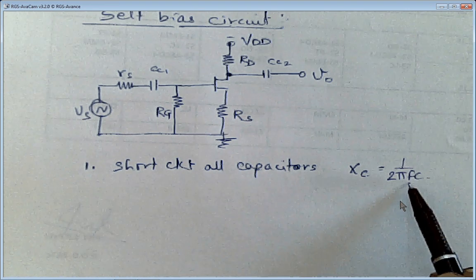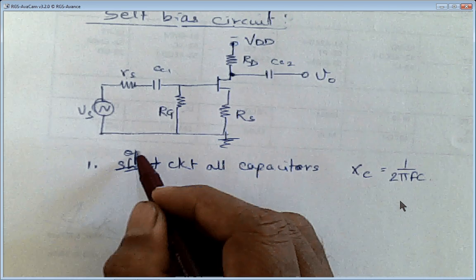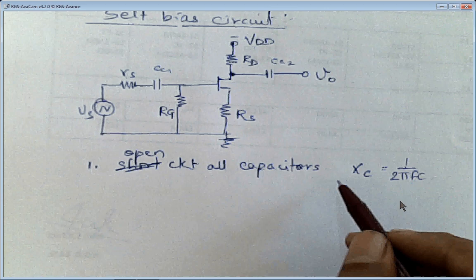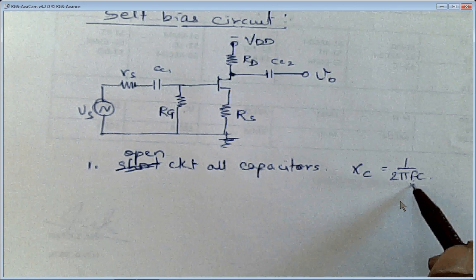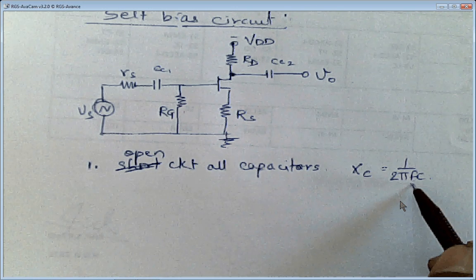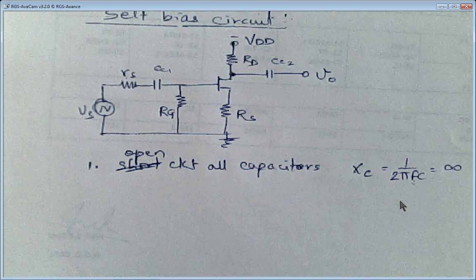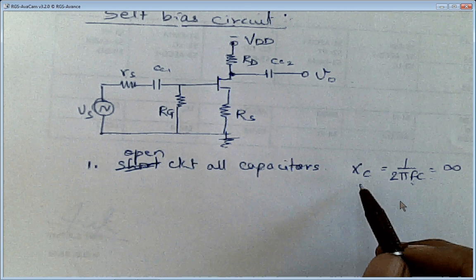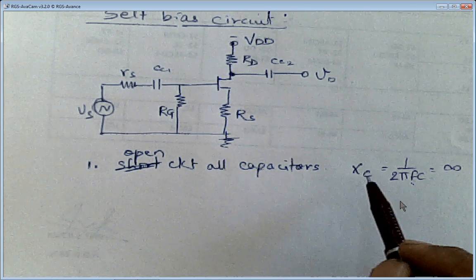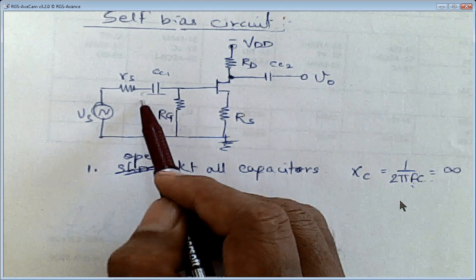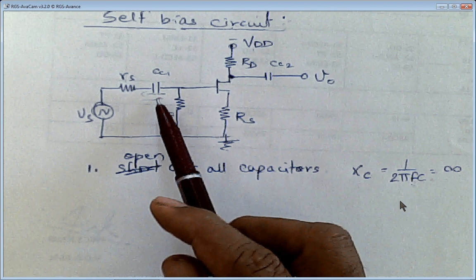So Xc, which is given by 1 upon 2 pi f C, with f for DC equal to 0, becomes infinity. Xc is the opposition provided by the capacitor to the flow of current. As this is infinite, there is no current flowing in or out. That's why we say the capacitor blocks DC and passes AC.